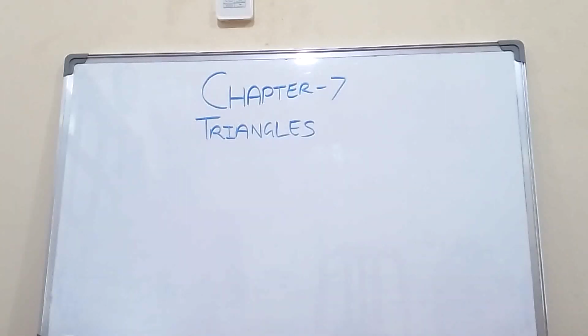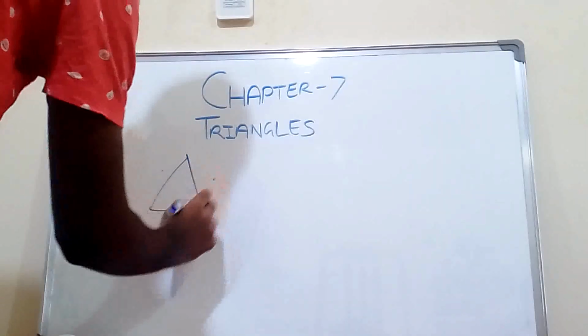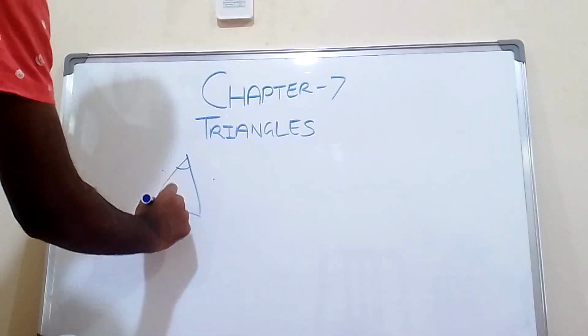Now, when it comes to the congruency of two triangles and the criteria, it means how are we going to prove that two triangles are congruent? To prove this, we must know the 6 parts of a triangle which can be congruent. The 6 parts of a triangle are the 3 sides and the 3 angles.